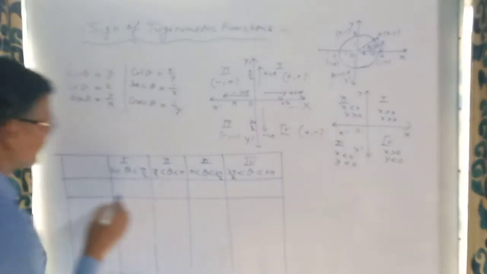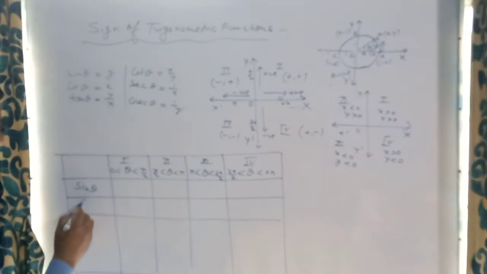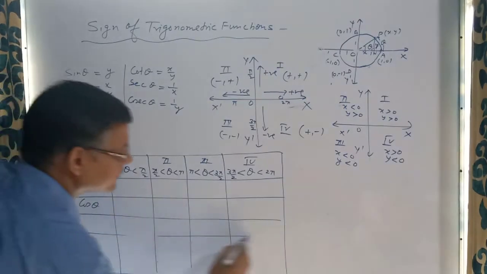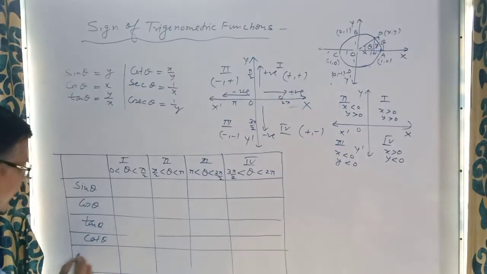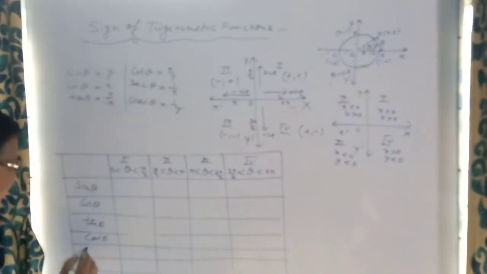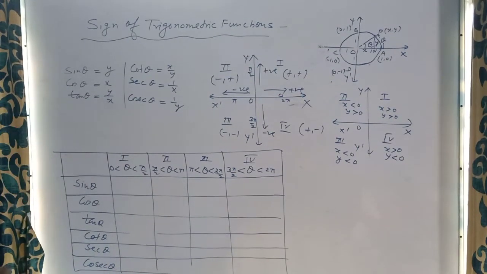Your first ratio is sine theta. Next one is cos theta, then tan theta, cot theta, sec theta, and cosec theta.